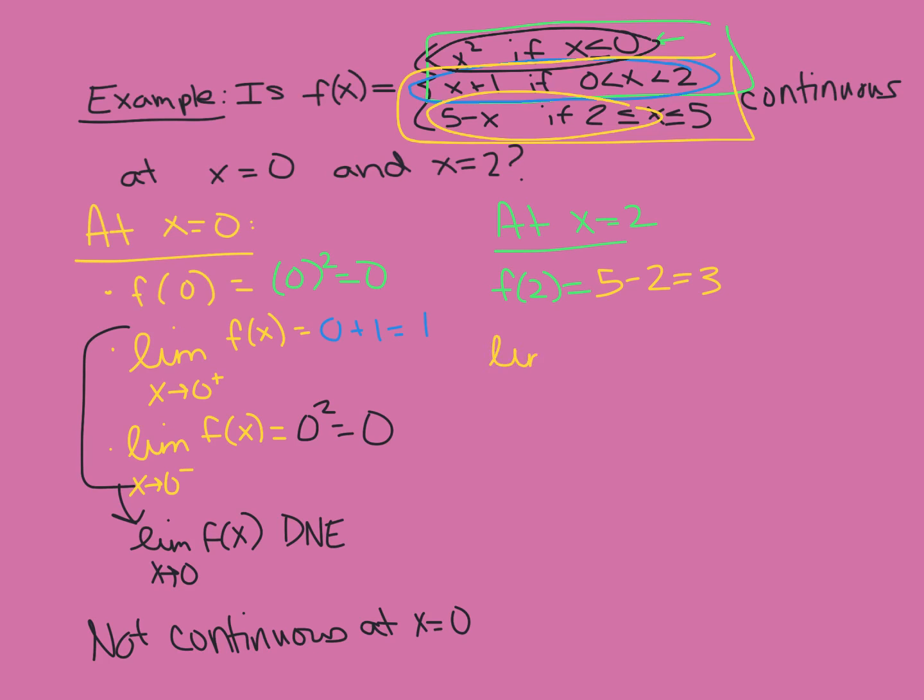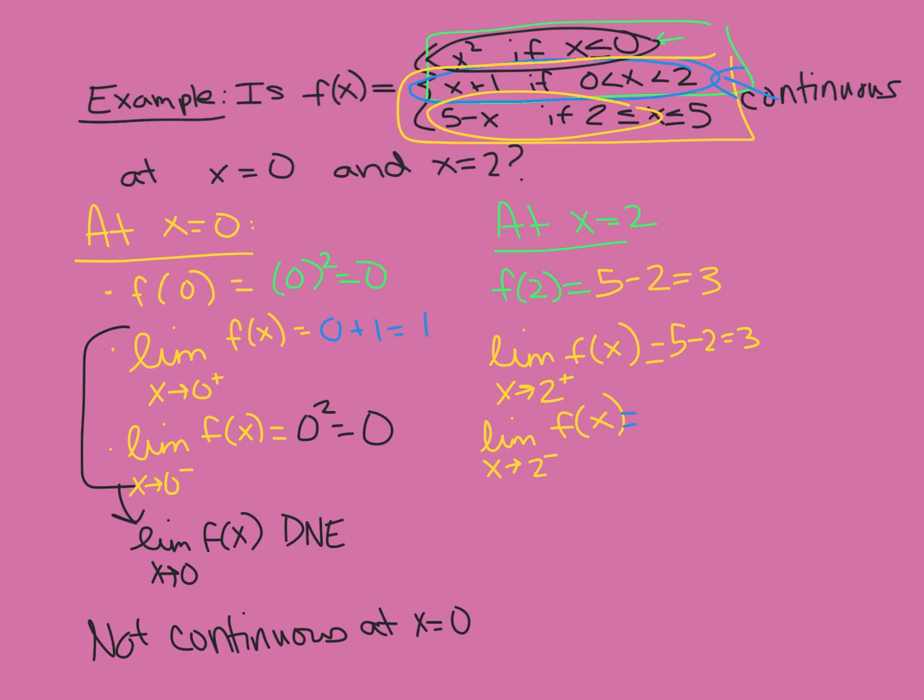Now we're going to find the limit as x approaches 2 from the right-hand side. That's the same equation that I just used. That's where I'm greater than 2. So again, 5 minus 2 is equal to 3. That's a good sign so far. These two are equal. The last thing I'm going to do is find the limit from the left-hand side. In that case, I'm going to use this one in blue.